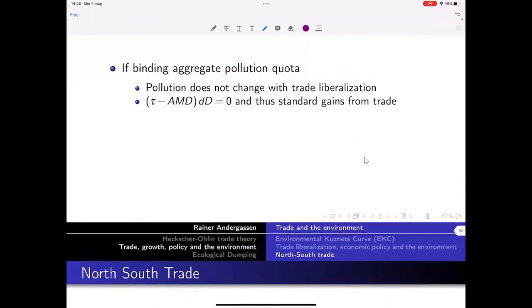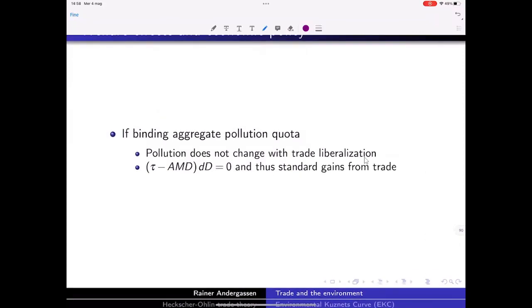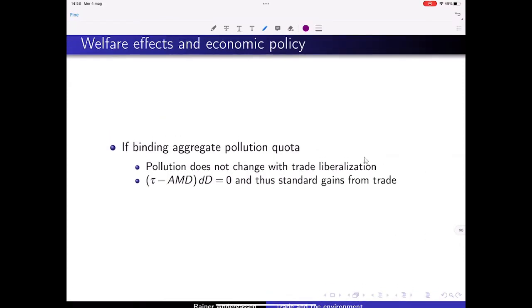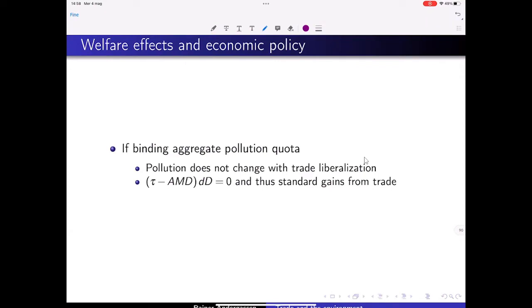Last but not least, and then I'm going to stop. What happens if there is a pollution quota? If there is a pollution quota, then DD is equal to 0. Pollution does not change at the aggregate level. And therefore, the first term is always 0, because pollution does not change because of a quota.